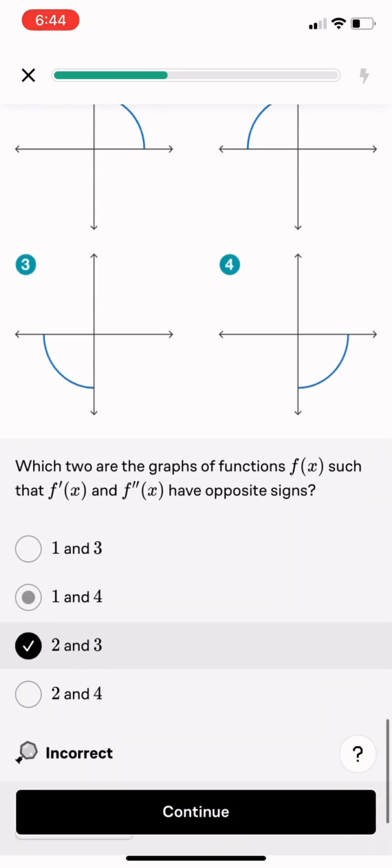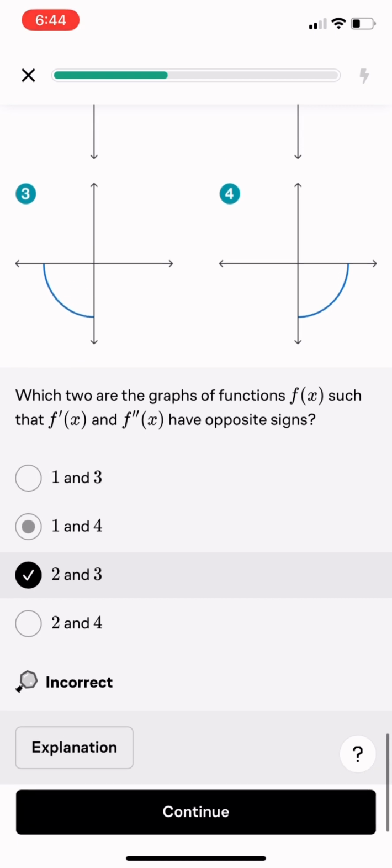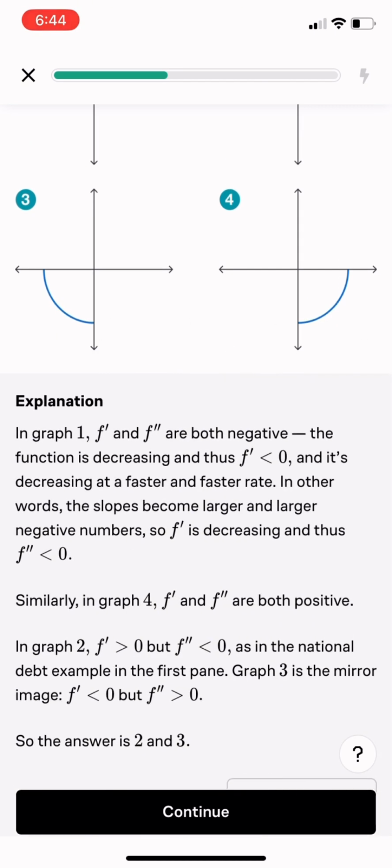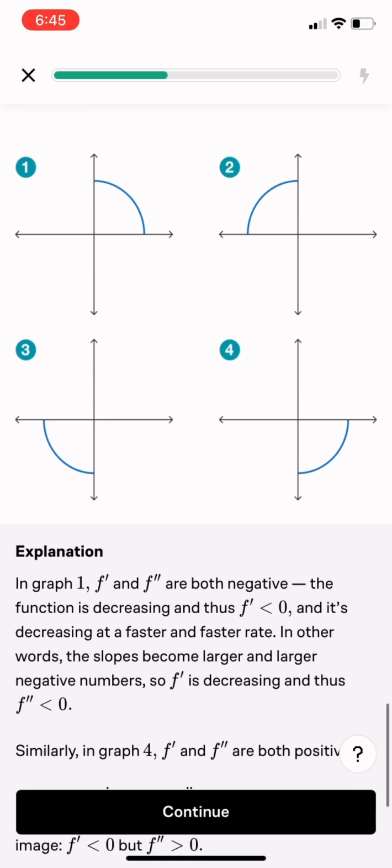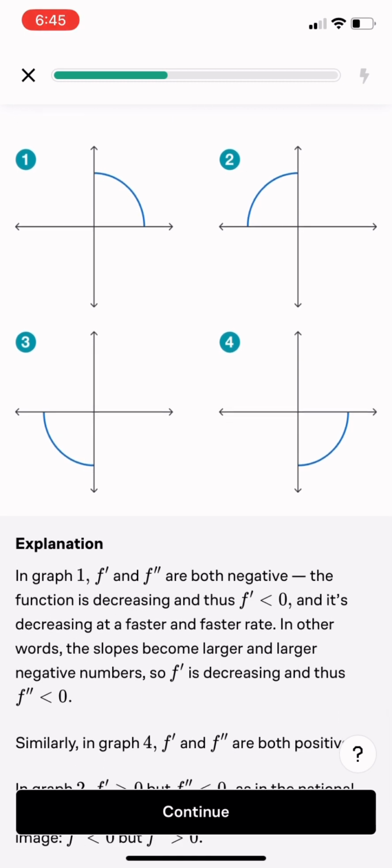Prime is also decreasing. Similarly, in graph 4, f prime and f prime prime are both positive. In graph 2, f prime is more than 0, but f prime prime is less than 0, as in the example in the first pane.